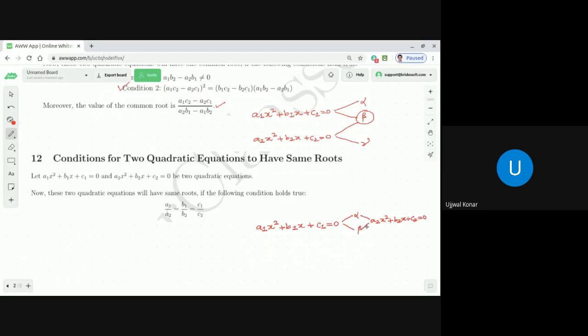Under what condition can it be satisfied? The condition is that the coefficient of x², the coefficient of x, and the constant term should be in proportion. That means a1/a2 = b1/b2 = c1/c2. We will discuss all these things in detail, dear students, when we discuss the parabola.